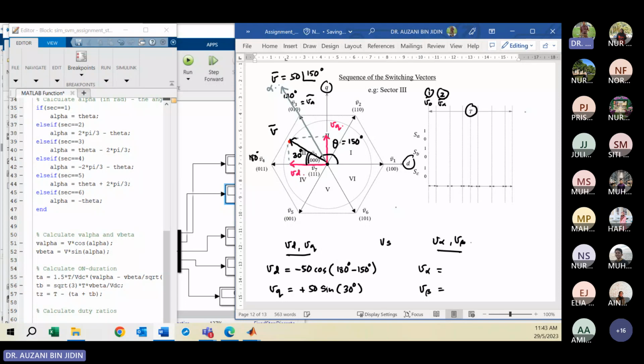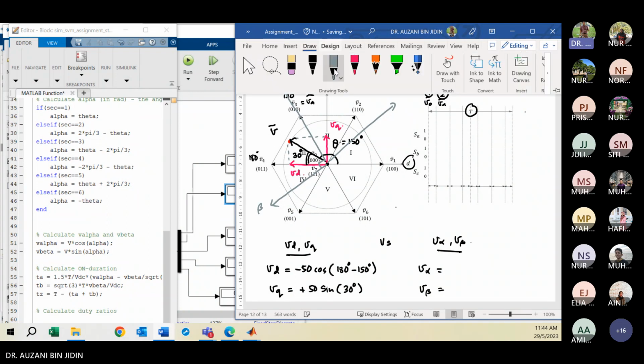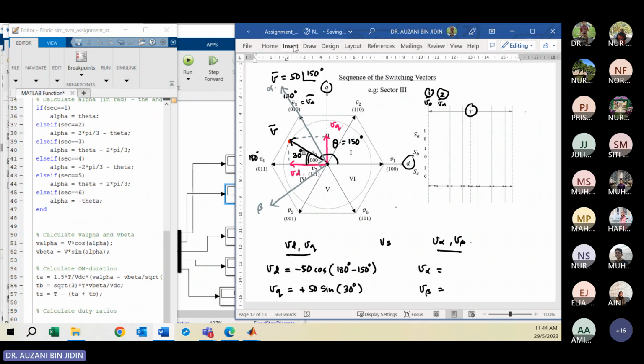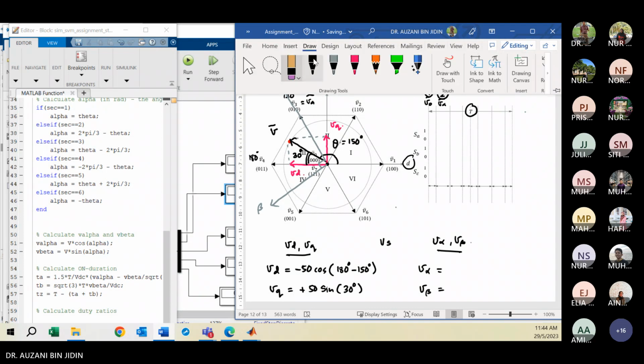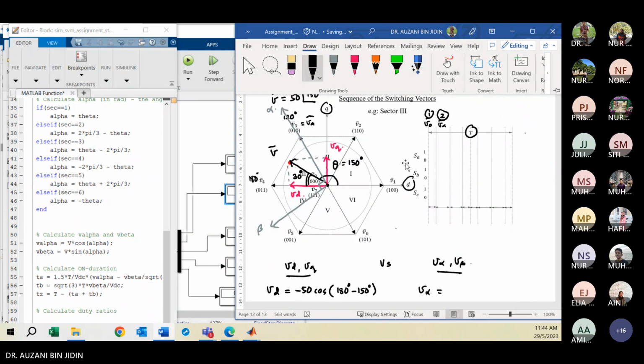And for the beta, which one? Here or here? It must be this point. So this is the right angle. The difference between alpha and beta is 90 degrees, the right angle. Let me erase. Okay, then you can sketch the component vectors for V alpha and V beta.